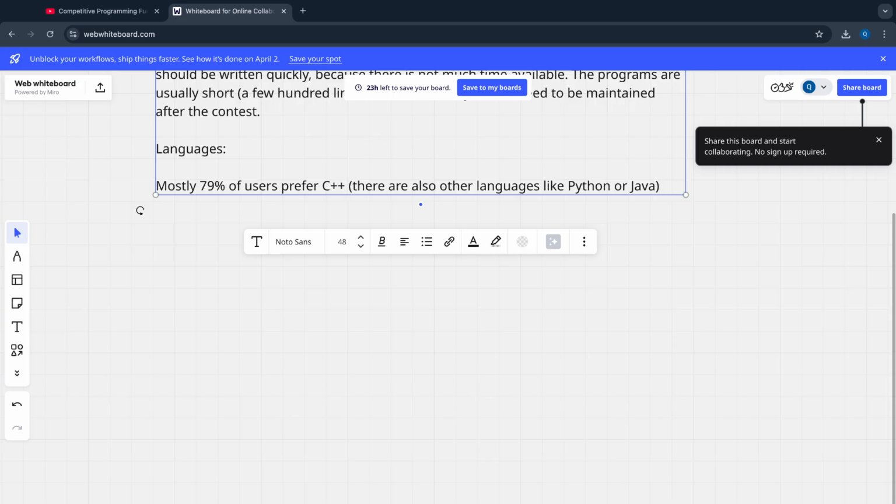Well, in my own opinion, I think that you should learn how to use C++ because of these below benefits.